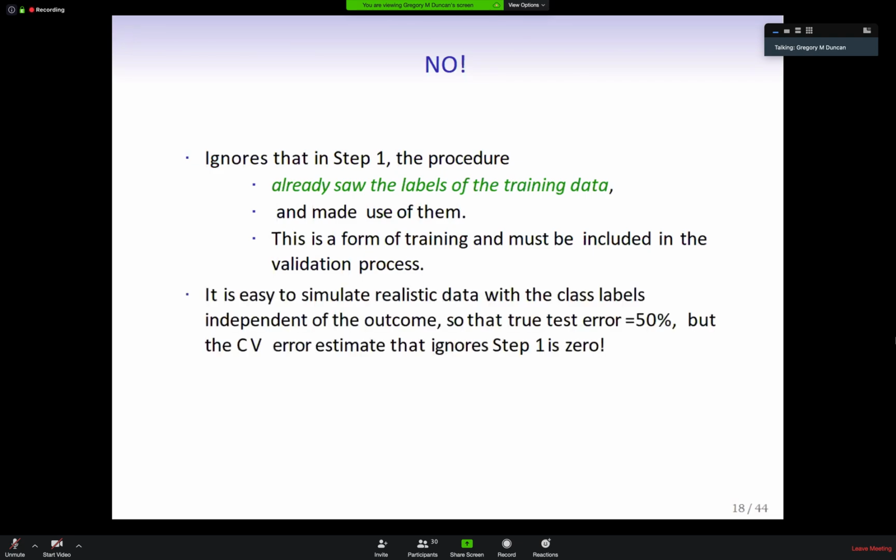It's easy to simulate realistic data with class labels that are independent of the predictors, so that the true test error is 50%, but the CV test error that ignores step 1 is 0. That is, you can pre-process the data in such a way that you can get your cross-validation error equal to 0, even when the true test error is 50%.